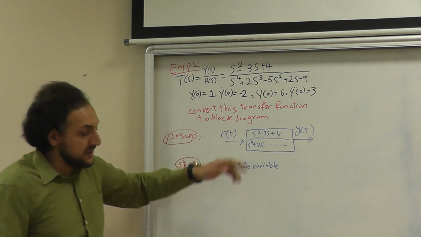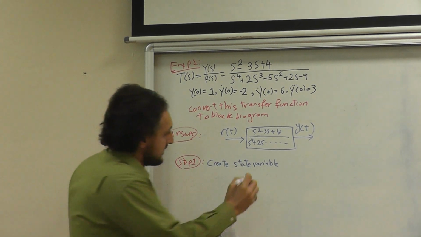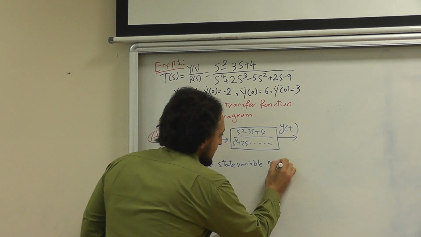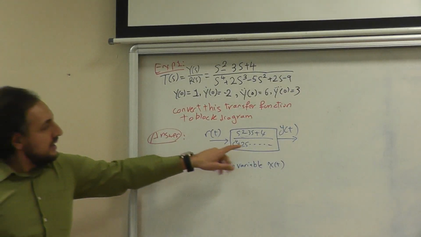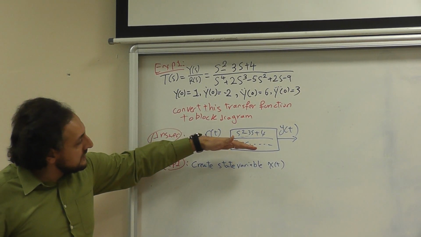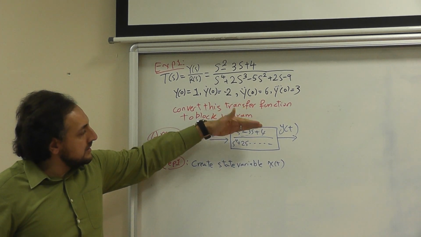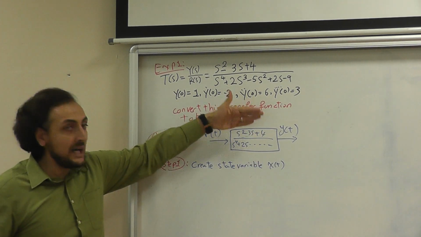What is state variable? So I will say this state variable xt. Okay, state variable xt. So look, this consists of numerator, denominator.